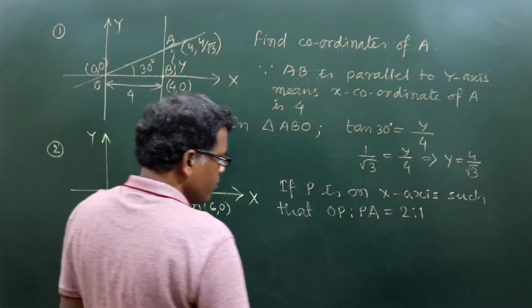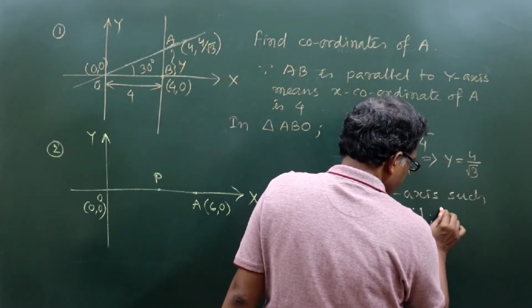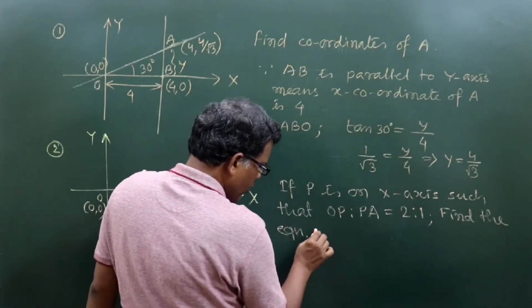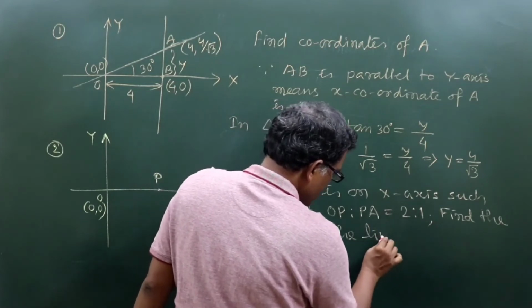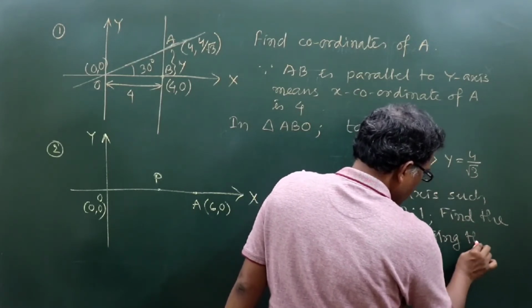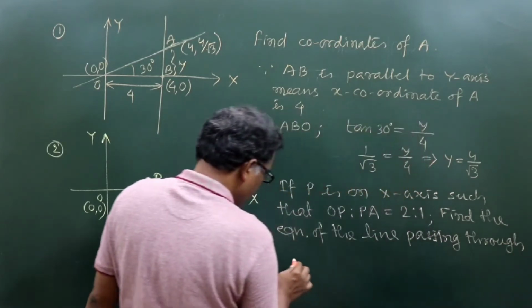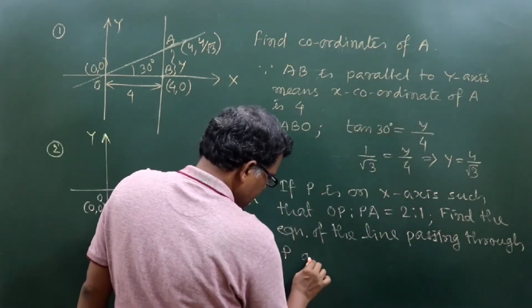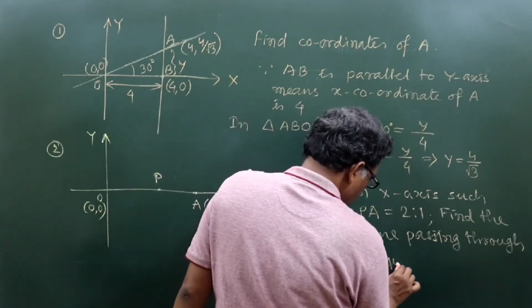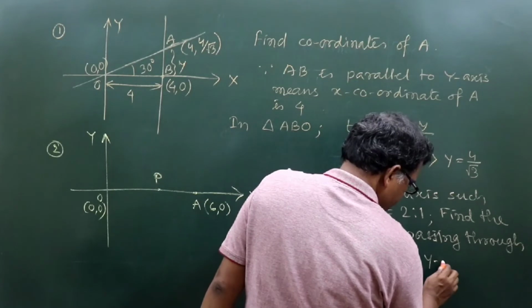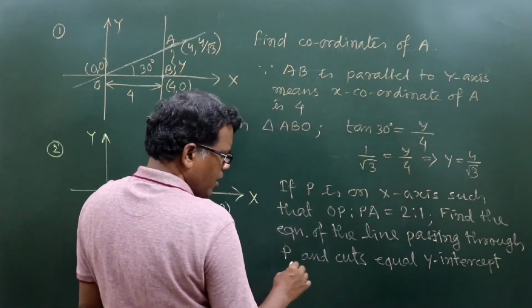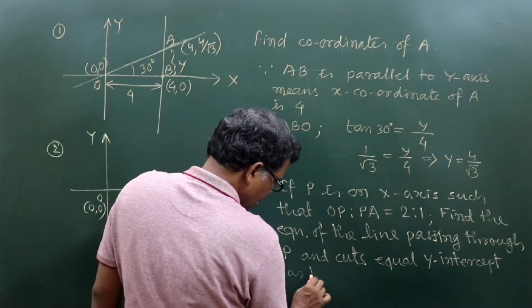Okay, so now find the equation of the line passing through P and cutting a y-intercept equal to its x-intercept.